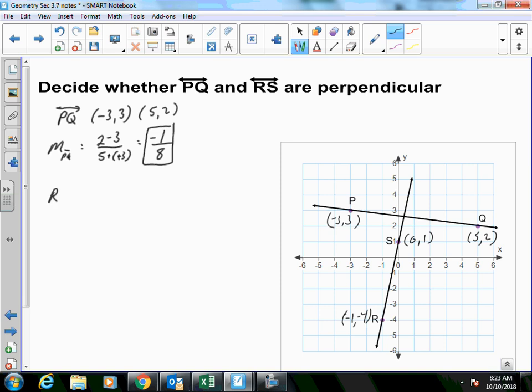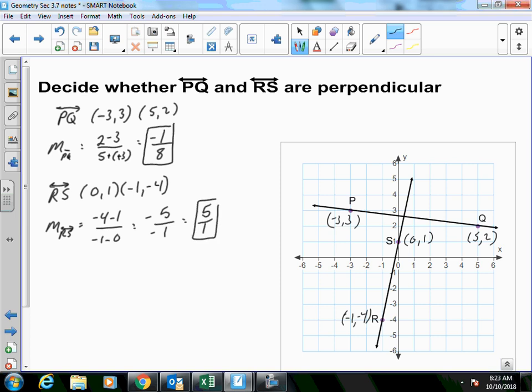And then for RS, we've got the points 0, 1, and -1, -4. So the slope of RS is going to be -4 minus 1 over -1 minus 0, or -5 over -1, or +5 over 1 since they're both negatives in the fraction.